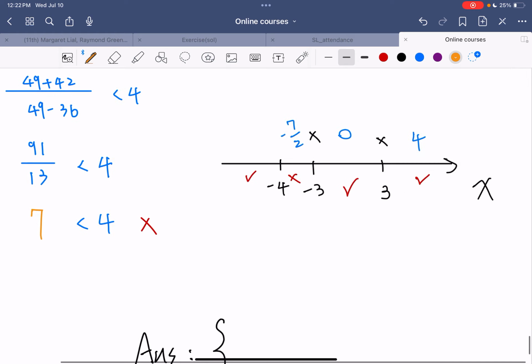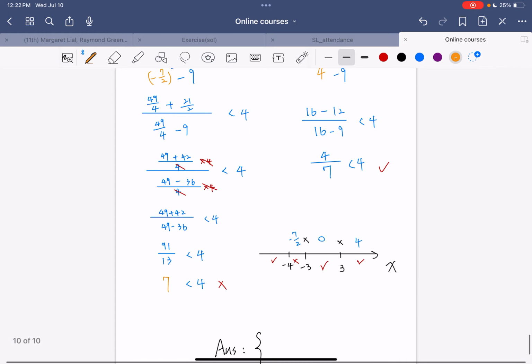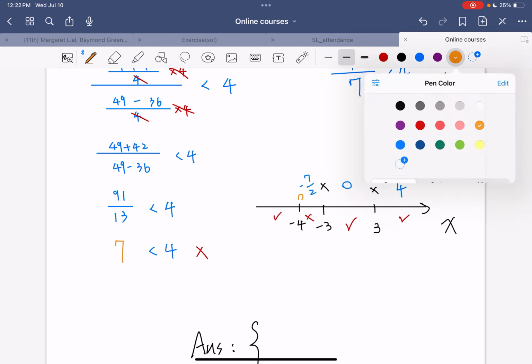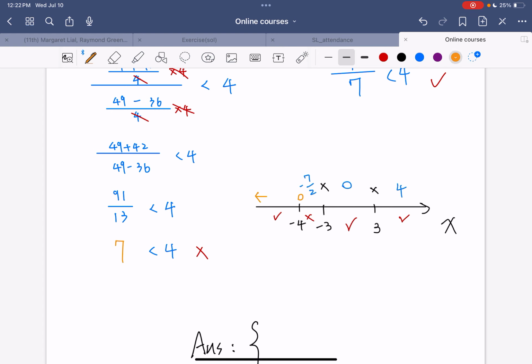We use a dot, so minus 4 is not included because we don't have equal there. So we'll write this and mark the empty circle, and this. Okay, so remember here and here they are not included.